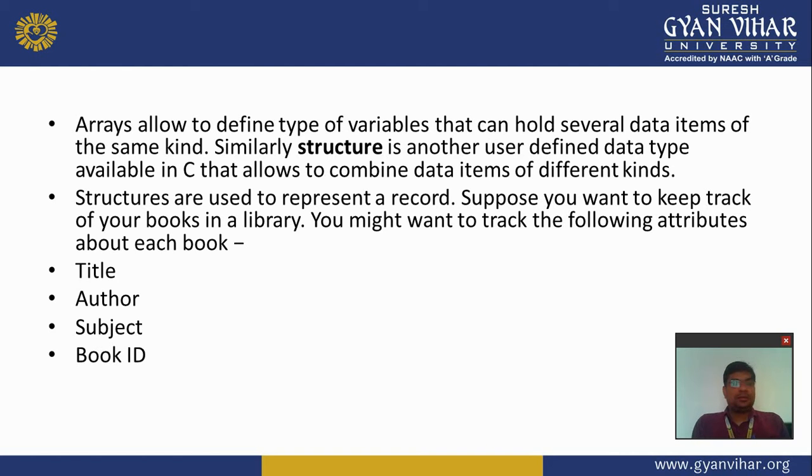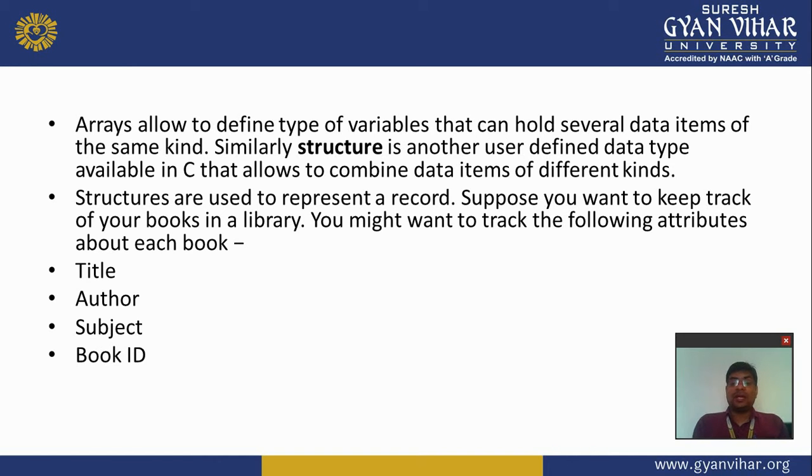But an entity like a book has many attributes like title, author, subject, book ID, book name. And if we talk about a student, it has a roll number, enrollment number, date of birth, father's name, contact number, and others. So they have different types. How are they stored in one unit?